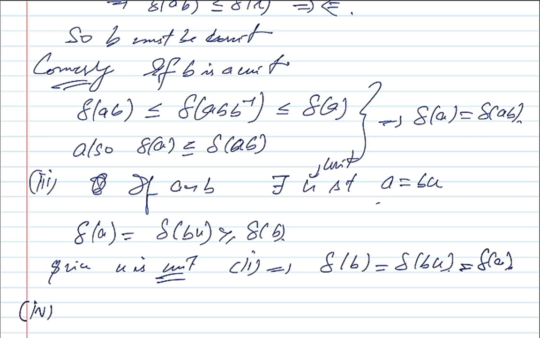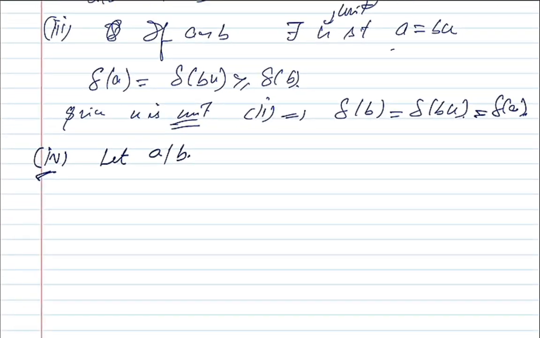Now fourth. So let A divide B, which implies there is some C such that B can be written as AC.